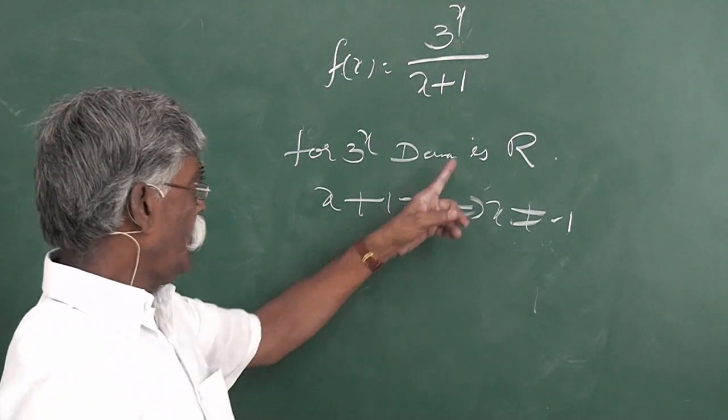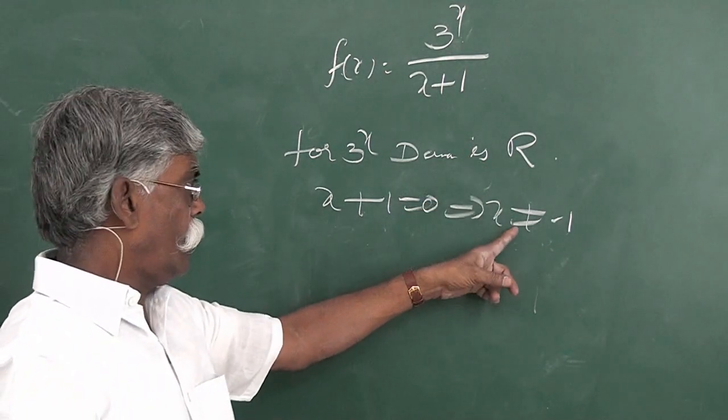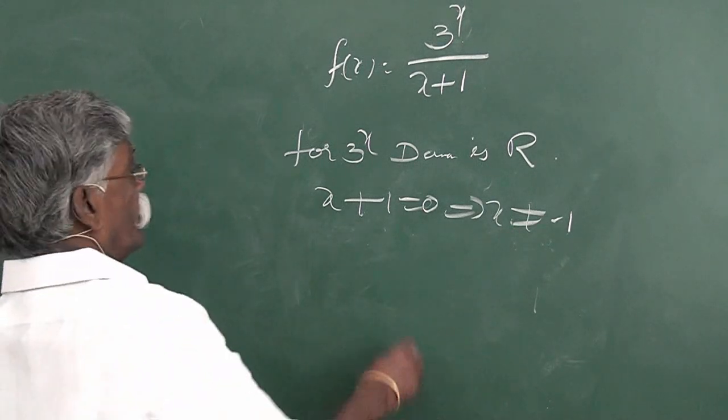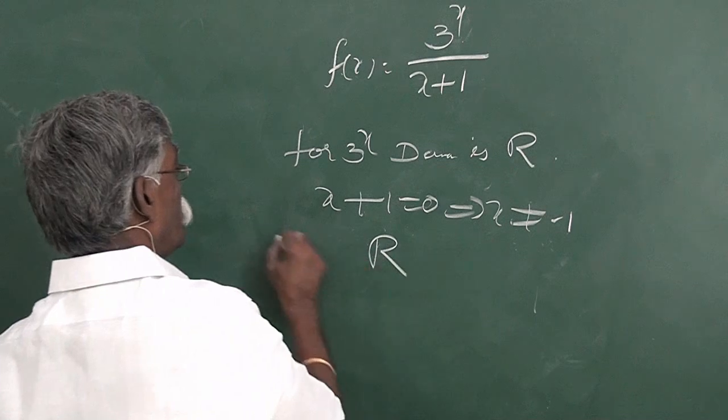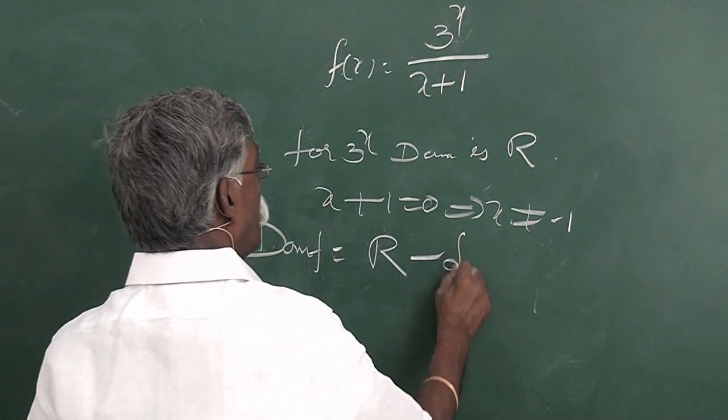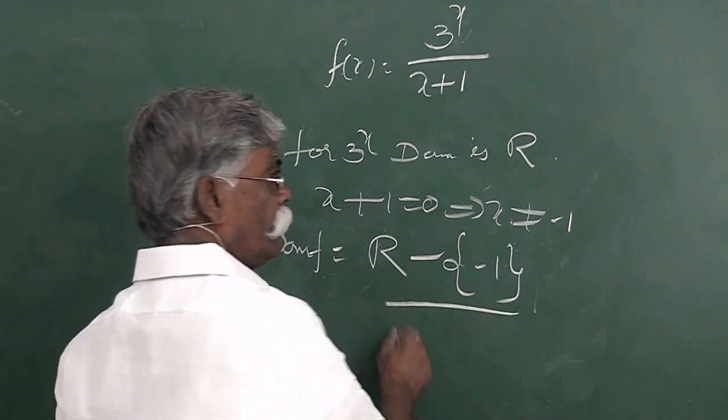So we can give any real value here and minus 1 is to be eliminated. Therefore, the domain which satisfies both is R minus {minus 1}.